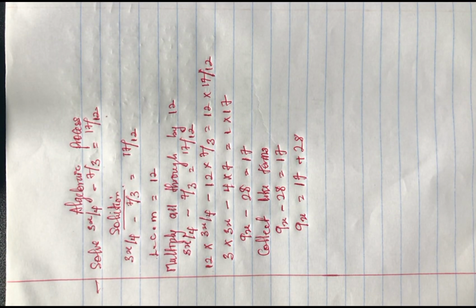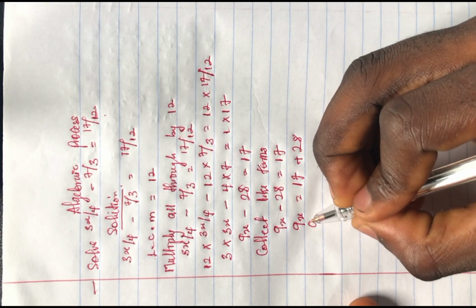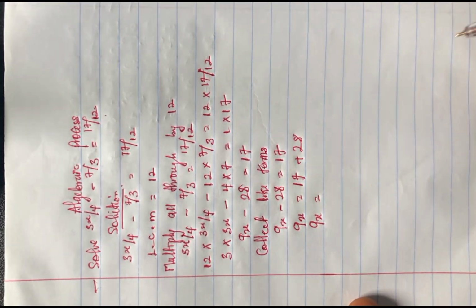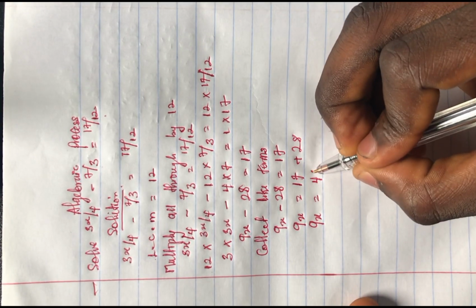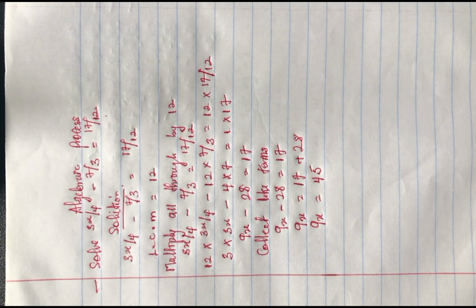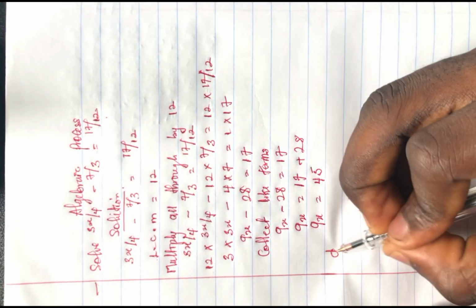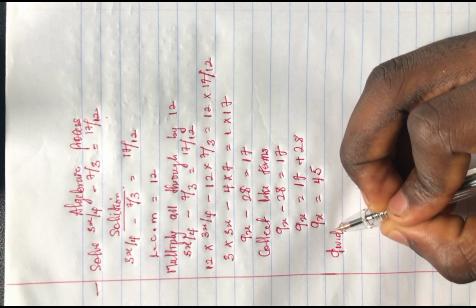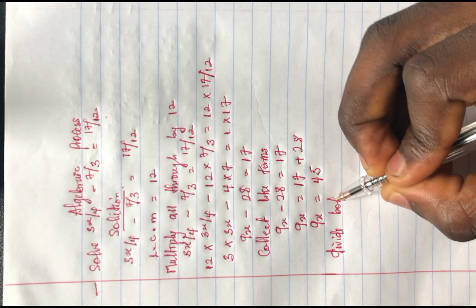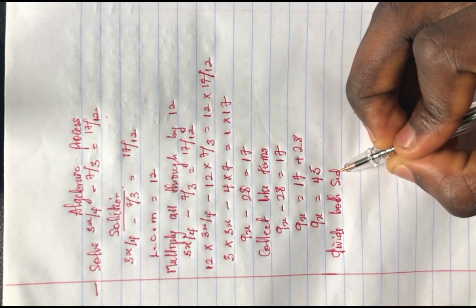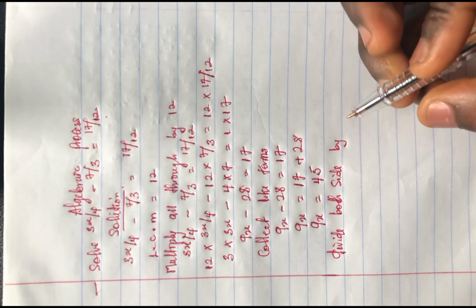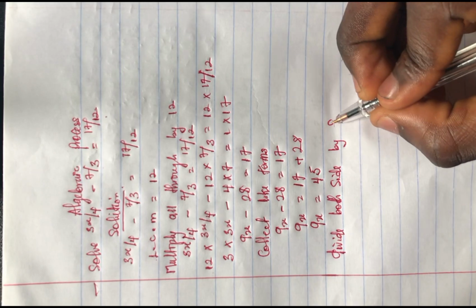So next we can say 9x is equal to, once you add these two, we have 45 as the answer here. Since the value of x is what we are looking for, next we can say divide both sides by the coefficient of x, which is 9.